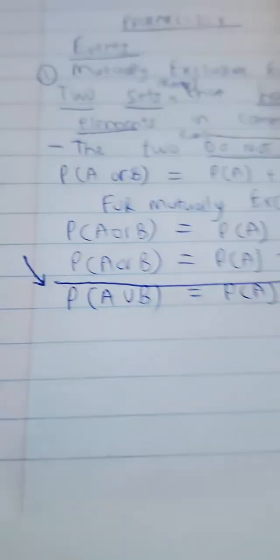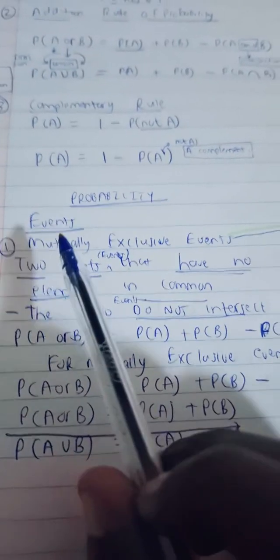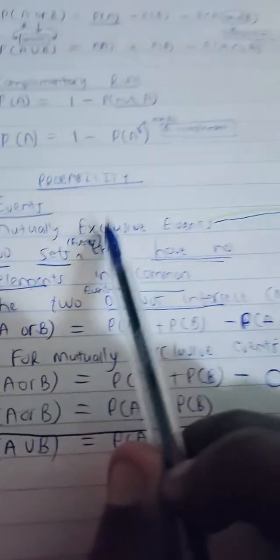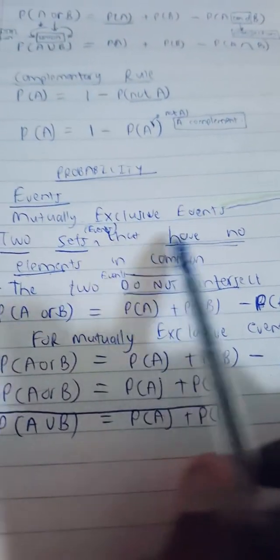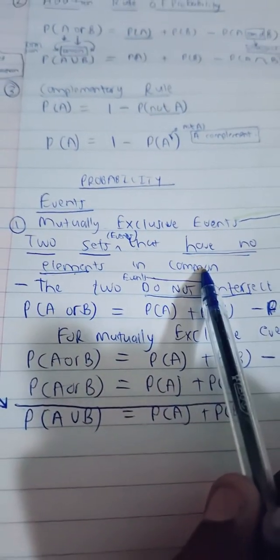All right, let's move on to the next type of event, guys. I hope we all understand mutually exclusive events, and the fact that two sets of events that have no elements in common, the two events do not intersect.